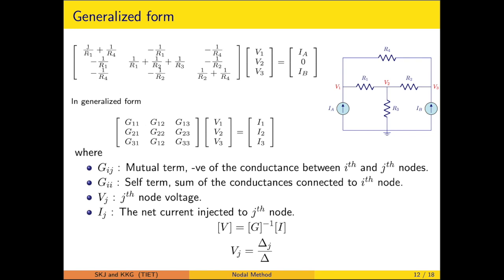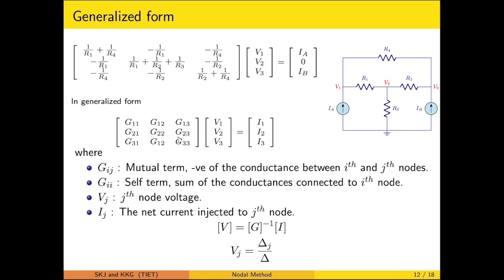G11 is the sum of the conductances connected to the first node. R1 is connected, so the conductance will be 1 upon R1, and R4 is connected, so the conductance will be 1 upon R4. The summation of the conductances will be like this.